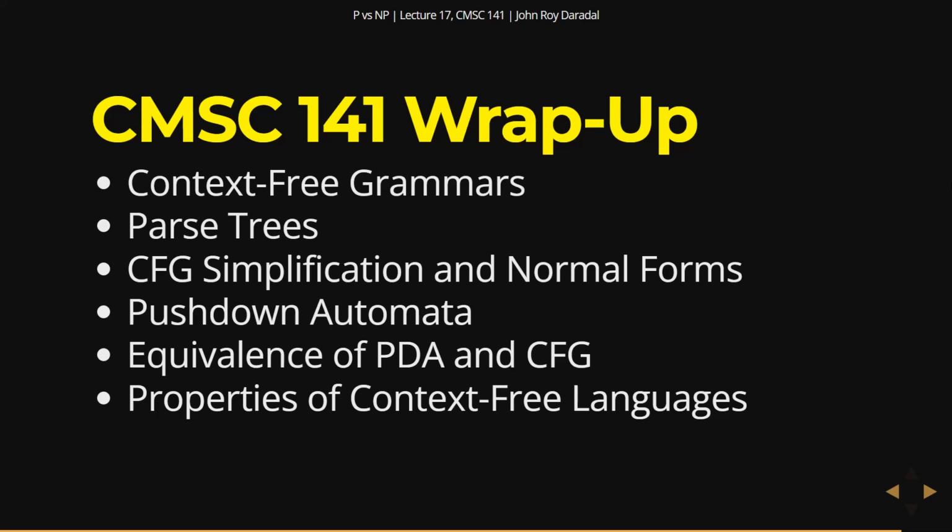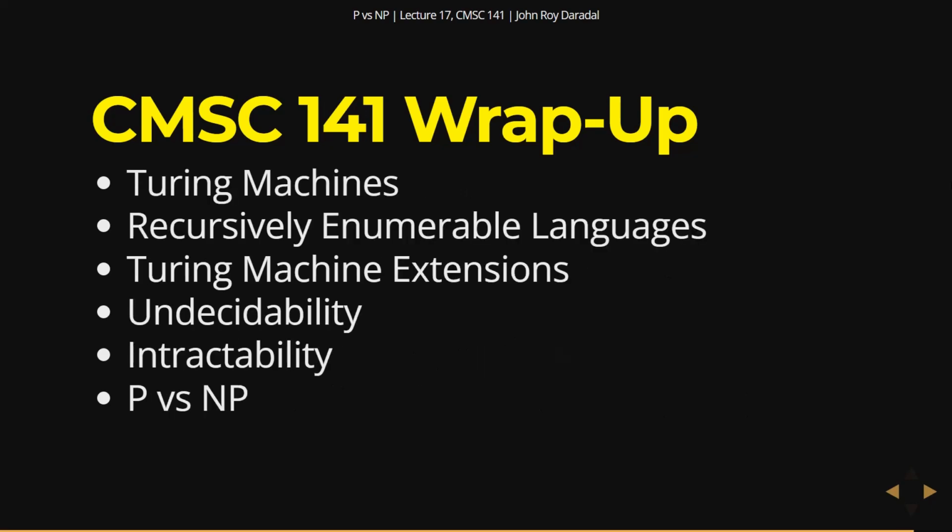We also talked about the properties of context-free languages, and then the final set, which was the Turing machines and their equivalent languages, which was recursively enumerable languages. We also talked about extensions to Turing machines, but they still define the recursively enumerable languages.